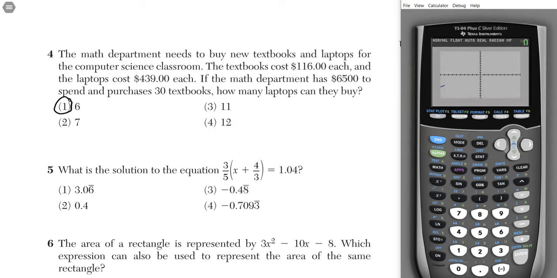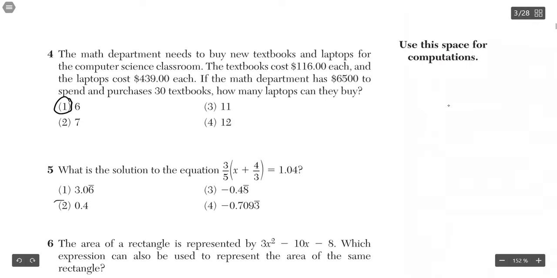And graph. Okay, and I could see that I'm going to have a point of intersection right over there. Now to find that exact location, I do calc, intersect. Now enter 3 times, and they give me my point of intersection is when x equals 0.4. So that's choice 2.